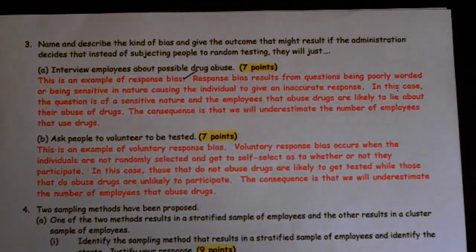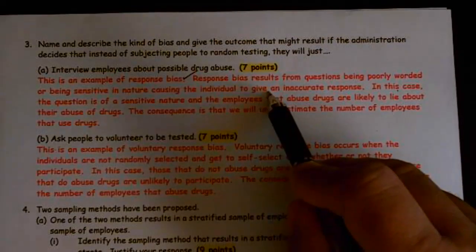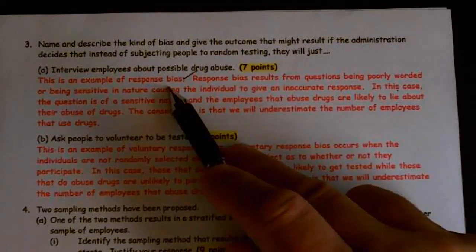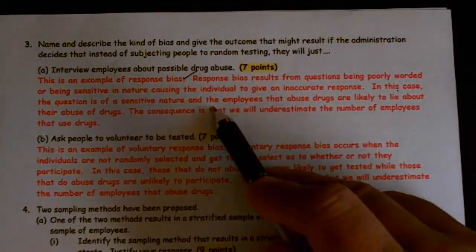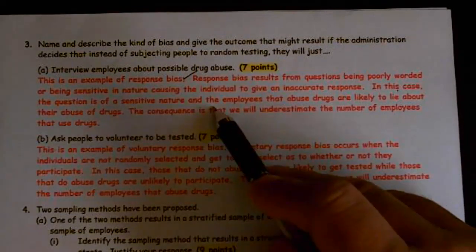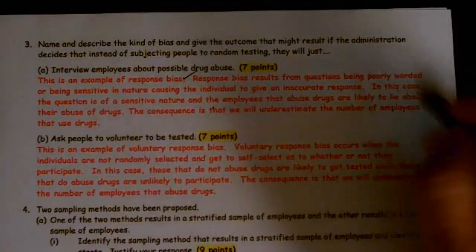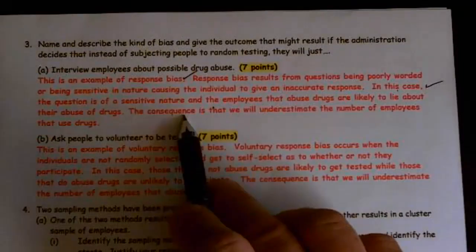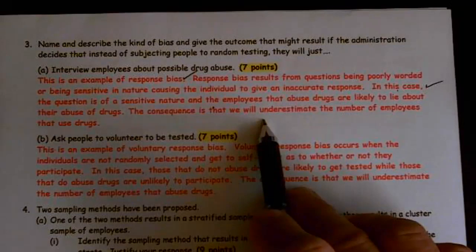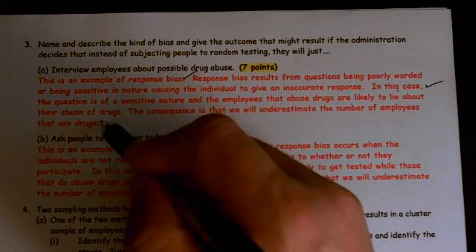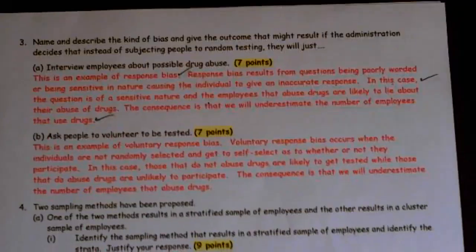So you needed to say we expect them to lie. This is an example of response bias because asking about drugs is a sensitive question. That would be the second thing. And the third thing is the consequence will either underestimate employees that use drugs or overestimate those that don't. So you had to have all 3 of those to receive all 7 points.